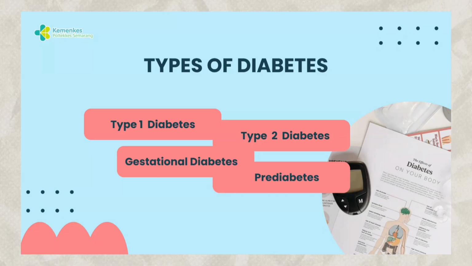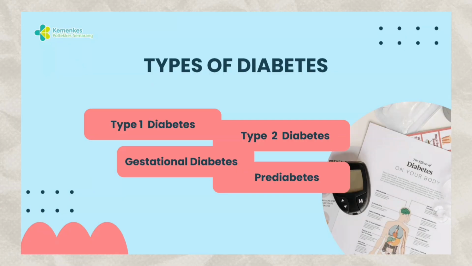As a result, the body cannot produce insulin at all or only very little. People with type 1 diabetes need insulin injections for the rest of their lives. This condition usually occurs in children and adolescents, but it can also occur in adults.